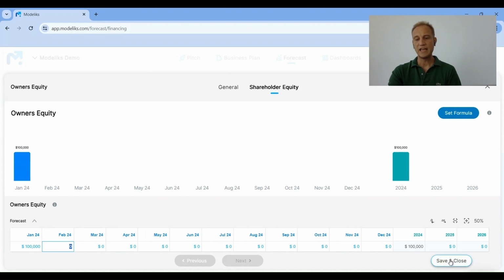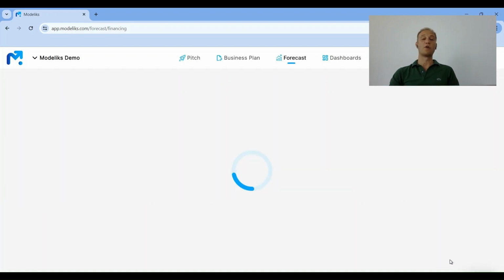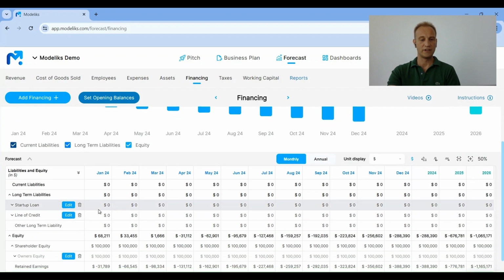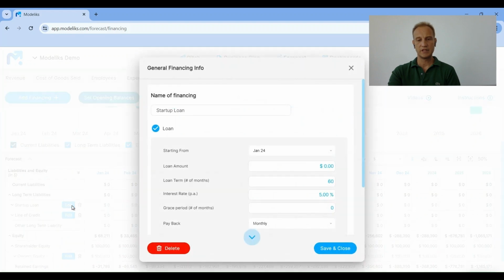We click Save and Close, and the rest of the money that we need in order to finance our fit out and kitchen equipment, we're gonna do it through a loan. So we'll have a startup loan here. We'll go into Edit, and we'll say we'll take the loan in the first month when we need to buy the equipment, and we will take a loan of $400,000.